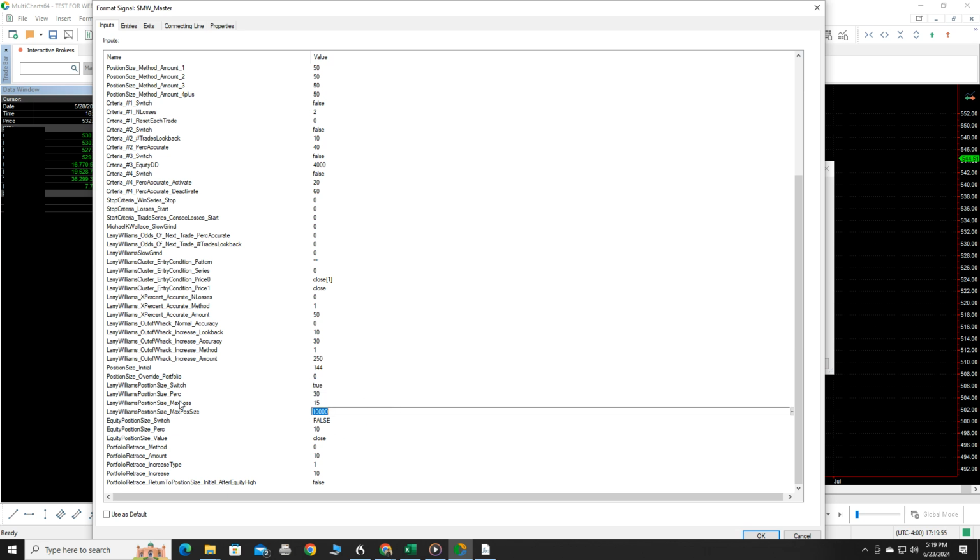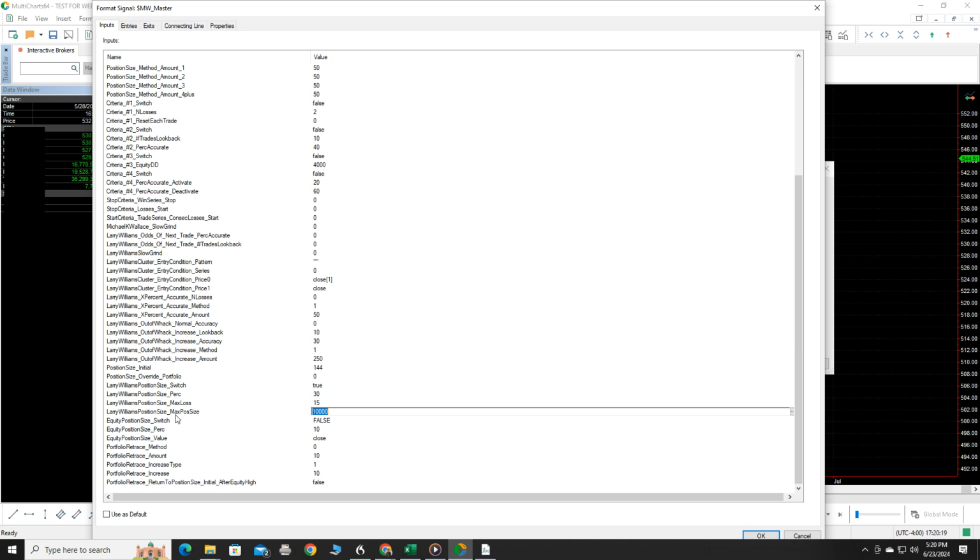And 30 is the percent of your trading account you're going to use for your base position. So you may have started off with a $100,000 account, but as the account made money, that initial investment plus your profits will determine that percentage, which in this particular case is 30.